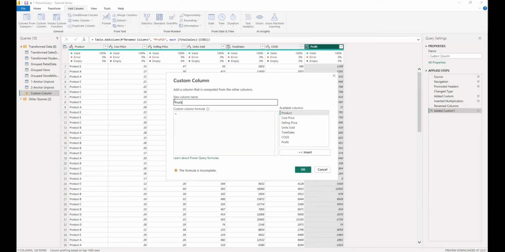Let me not make it complex. If it is less than zero, that's a loss, otherwise a gain. Then I think the right word for this should be profit margin.